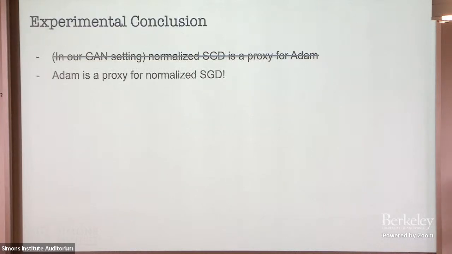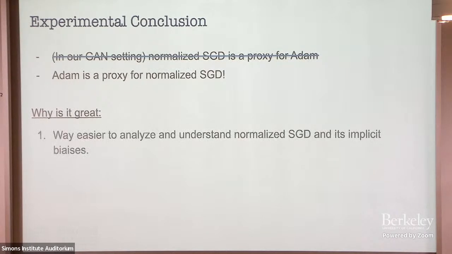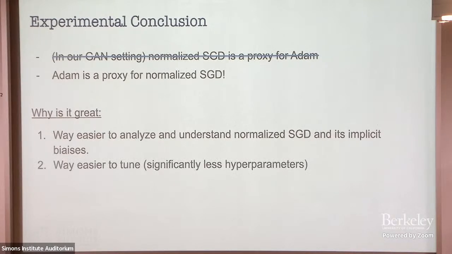So as an experimental conclusion, Adam is a proxy for normalized SGD. And why is that great? First of all, it's way more principled. Now we can try to analyze and understand what normalized SGD does in the context of GANs, what its implicit bias is, and it's also way easier to tune.